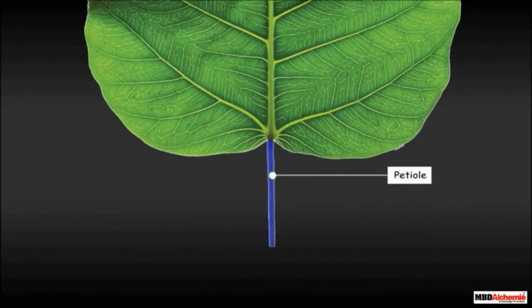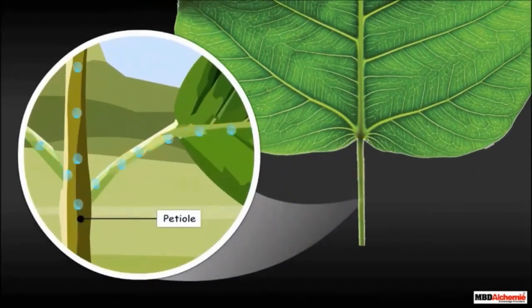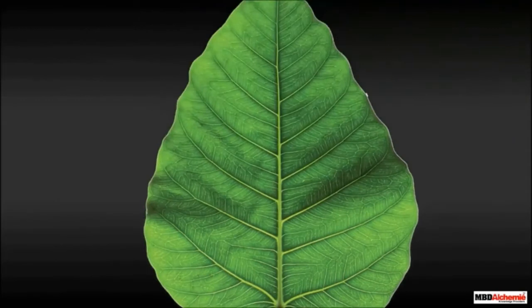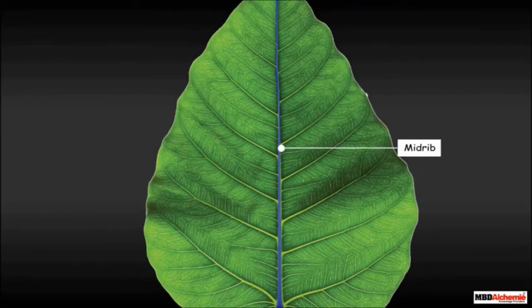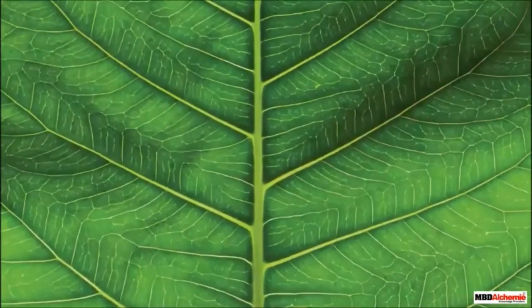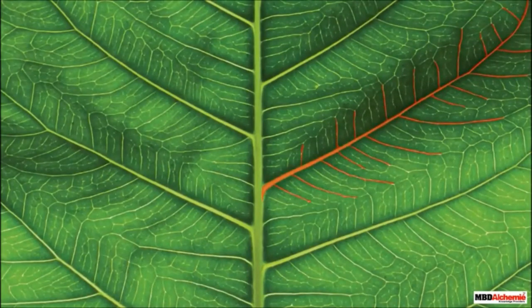This petiole is a very important part because it carries all the nutrients from the leaf to the plant, and from the plant water is carried to the leaves. Okay, so this region that you see, the center part, is the midrib. And from the midrib you can see lateral veins coming out.